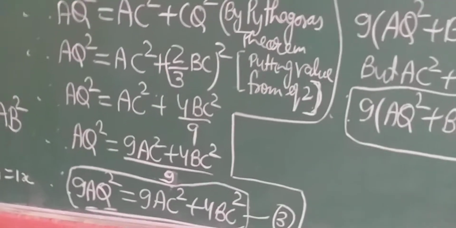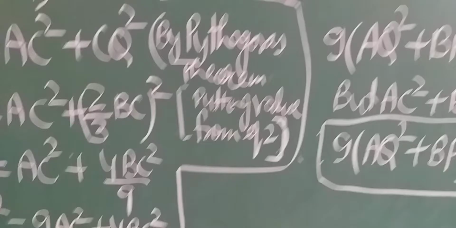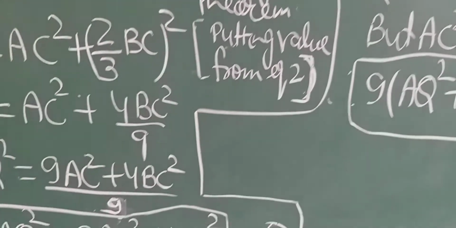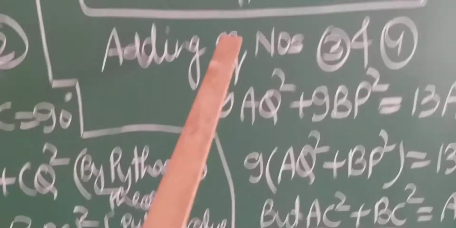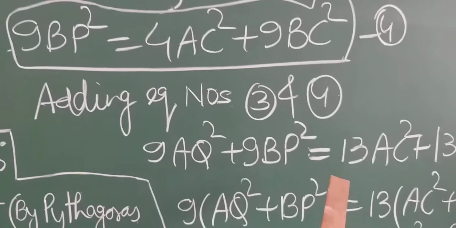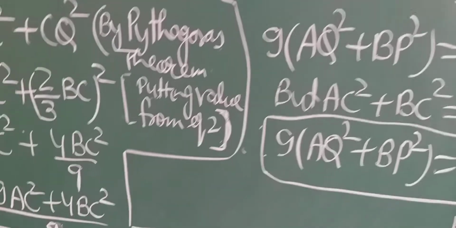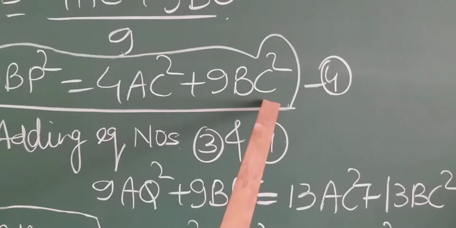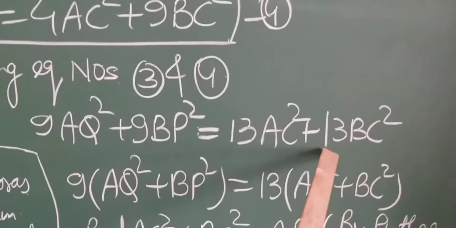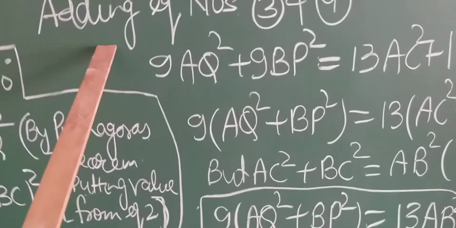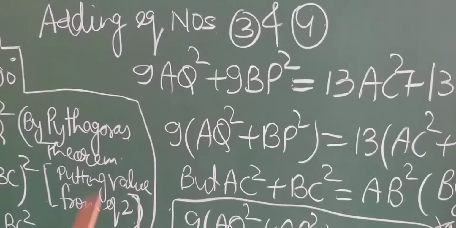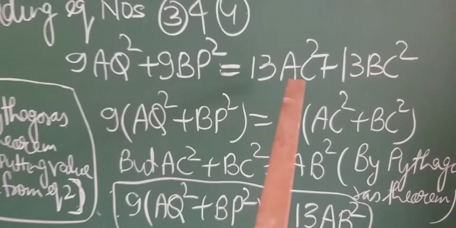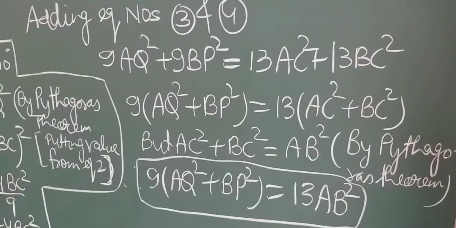When we add both of them, we get 9 AQ square plus 9 BP square equals 9 AC square plus 4 AC square, 13 AC square, and 4 BC square plus 9 BC square, 13 BC square. So 9 AQ square plus 9 BP square equals 13 AC square plus 13 BC square.